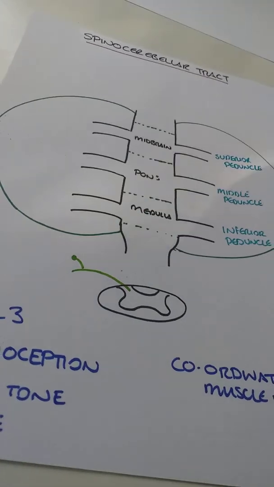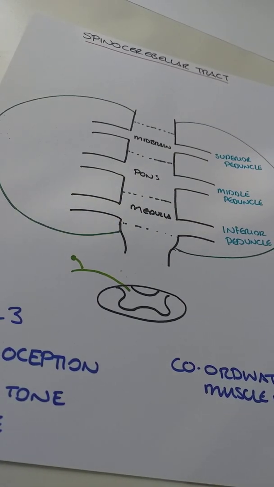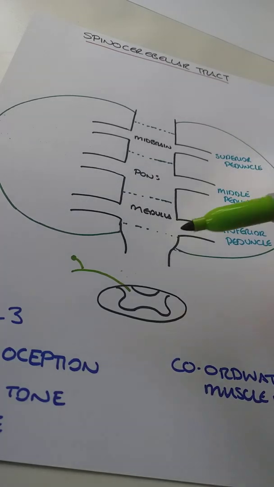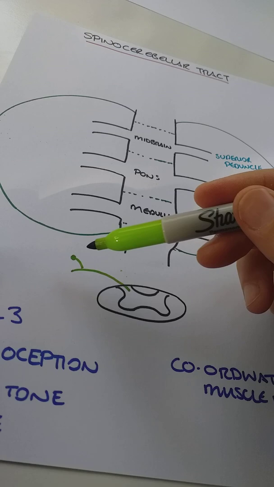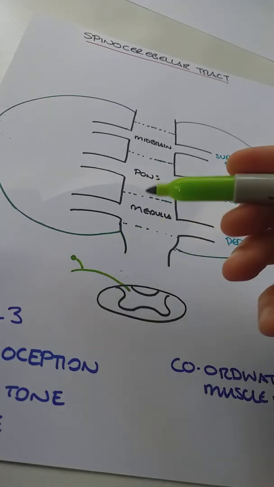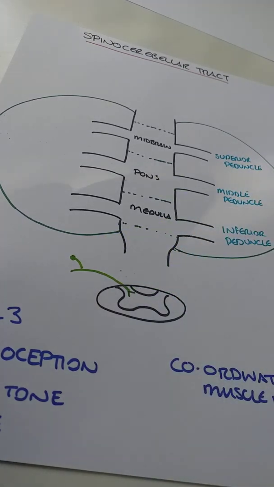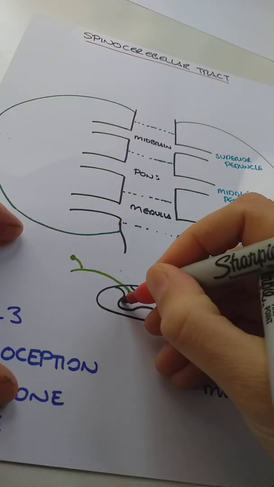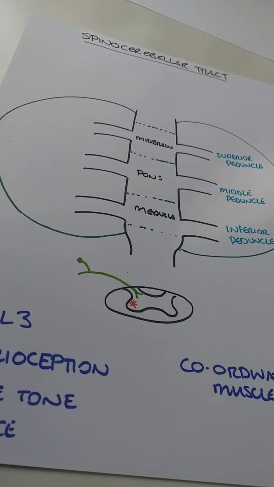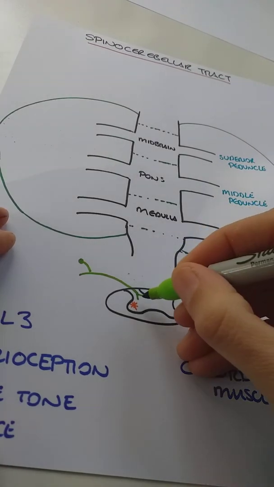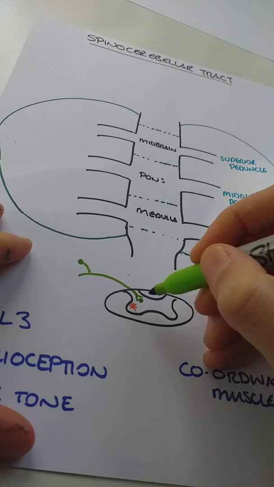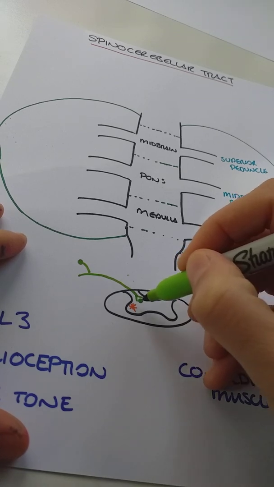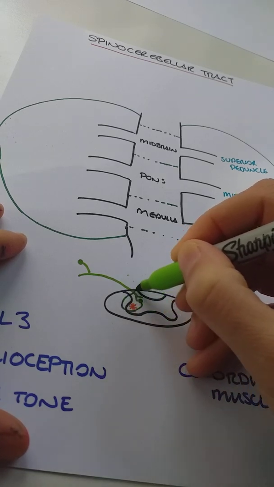Okay, so going back to, where's my pen? Your first order neuron comes in, enters the grey matter. What happens? Kapow, we get a synapse. Second order neuron. It does this little shimmy line, and then comes back up.